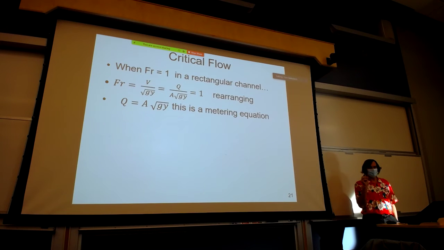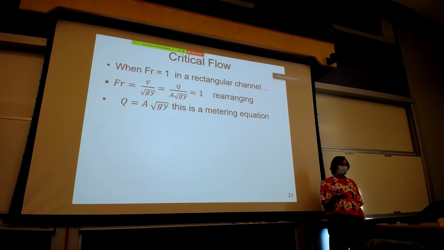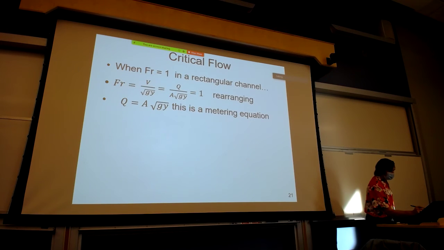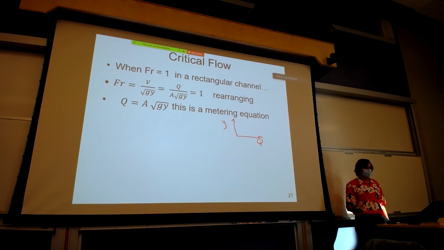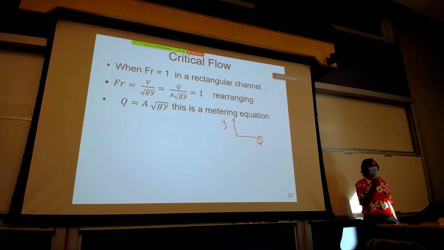This is a metering equation. Now you can certainly use the Manning equation for a metering equation. And all a metering equation is saying is you have this unique relationship between discharge and depth of flow. I showed you that before in another slide with the Manning equation. But with the Manning equation, one, the hydraulic radius of the cross-section can be very complex.